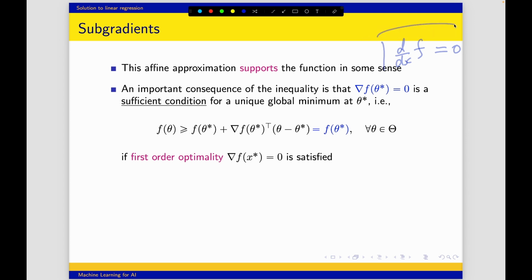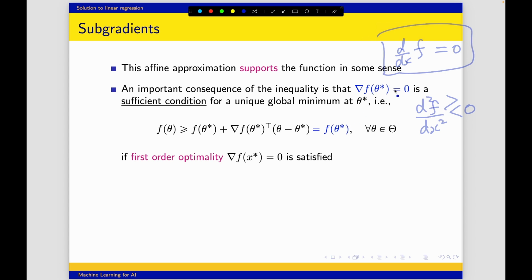This we call first order optimality. At any extremum, maximum or minimum, we need to satisfy this condition. And then we have second order conditions. Is it a maximum or a minimum? We need to look at the second derivative. If that is negative, we have a maximum. If it's positive, we have a minimum. Here with convex functions, this is enough.